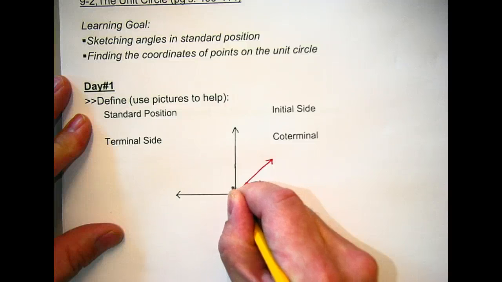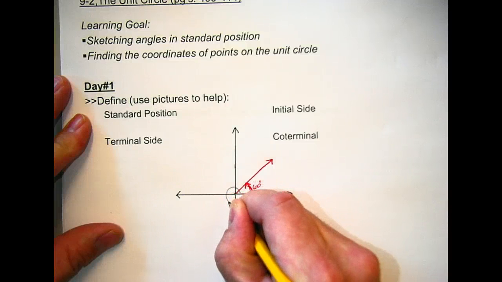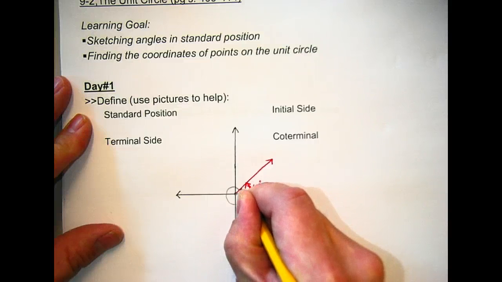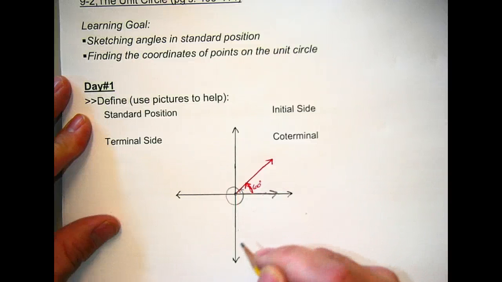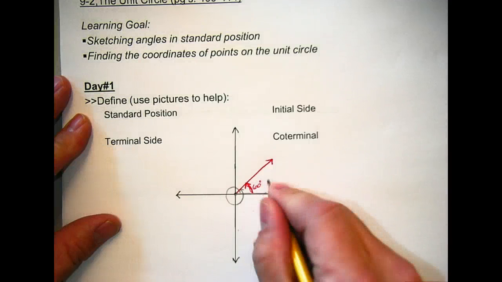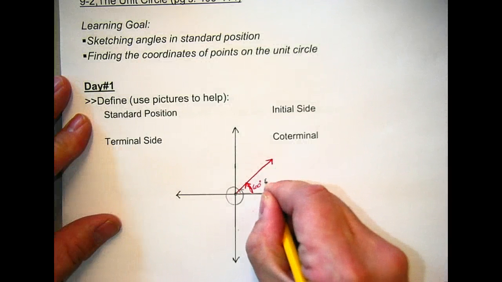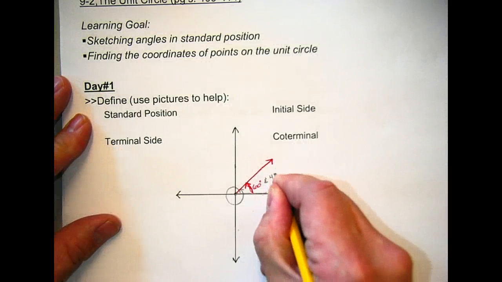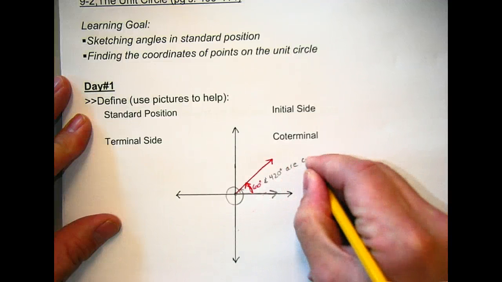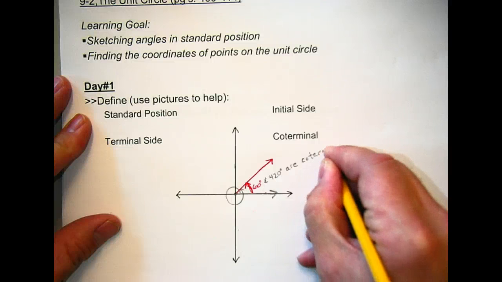I'm at 90, 180, 270. I'm now at 360, and I go another 60. What am I at now? 360 plus 60 more is 420. So 60 and 420 are coterminal, because they terminate at the same spot.